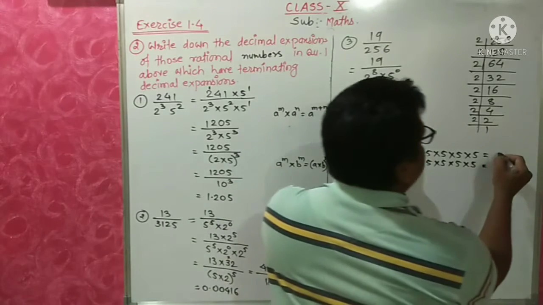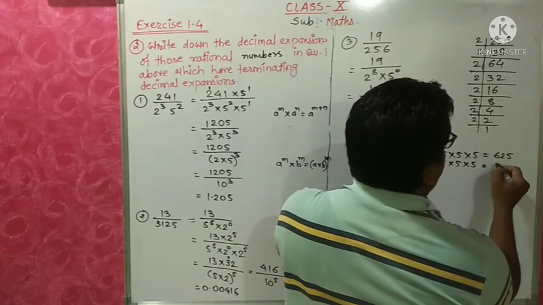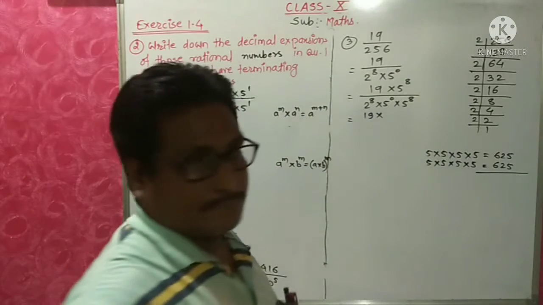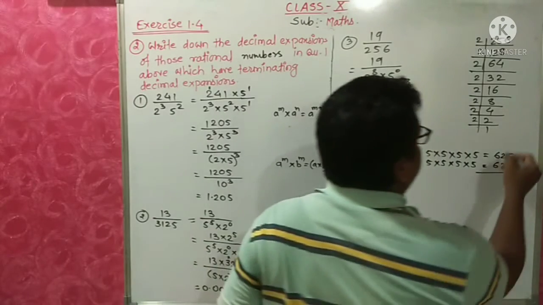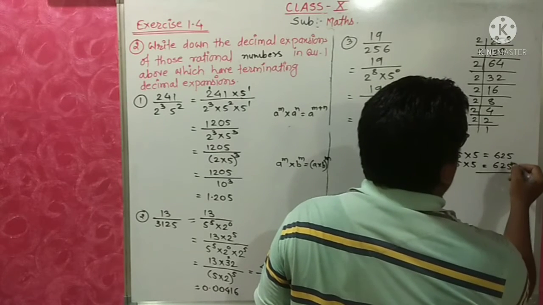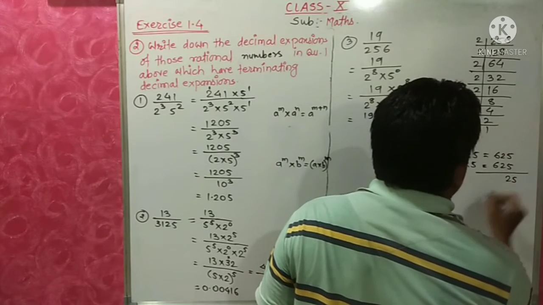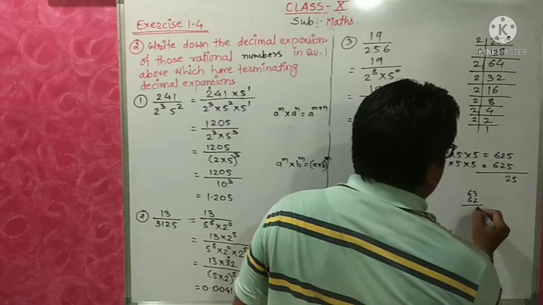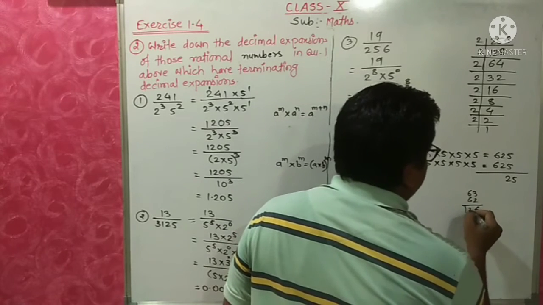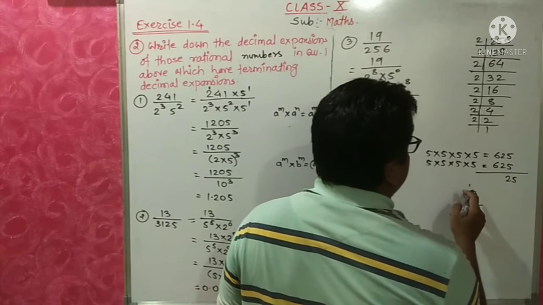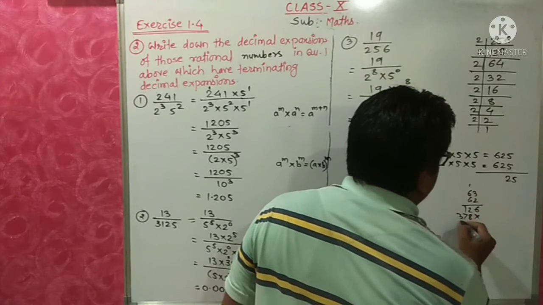So 5 raised to the power 4 means 625. 625, multiply. So what will we get? 5 5s are 25. 6 into 3... 2 3s are 6, 2 6s are 12, 6 3s are 18, 6 6s are 36 plus 1, 37.